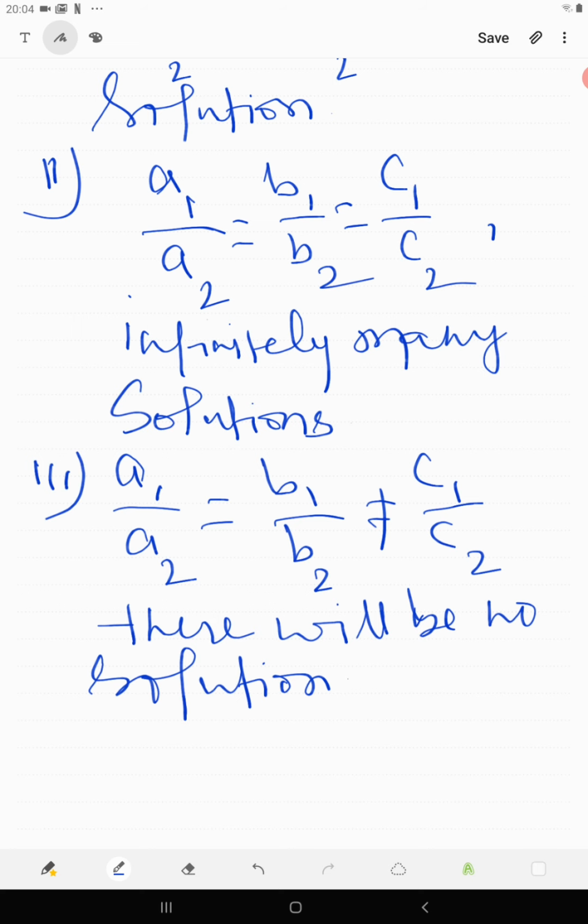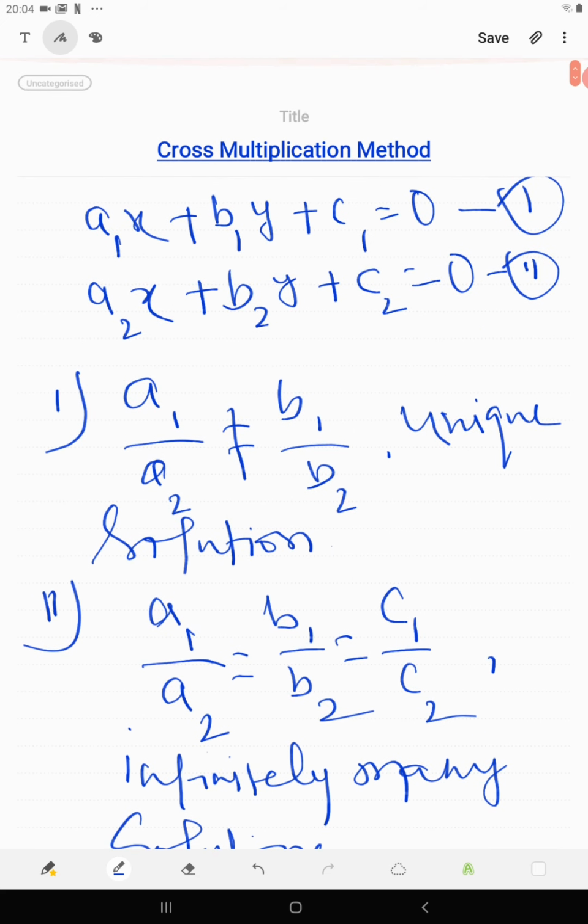So before proceeding, it's better to check whether it has a unique solution, infinitely many solutions, or no solution. This all depends on the coefficients of x, y, and the constant. We know that a1 is the coefficient of x, b1 is the coefficient of y, and c1 is the constant.